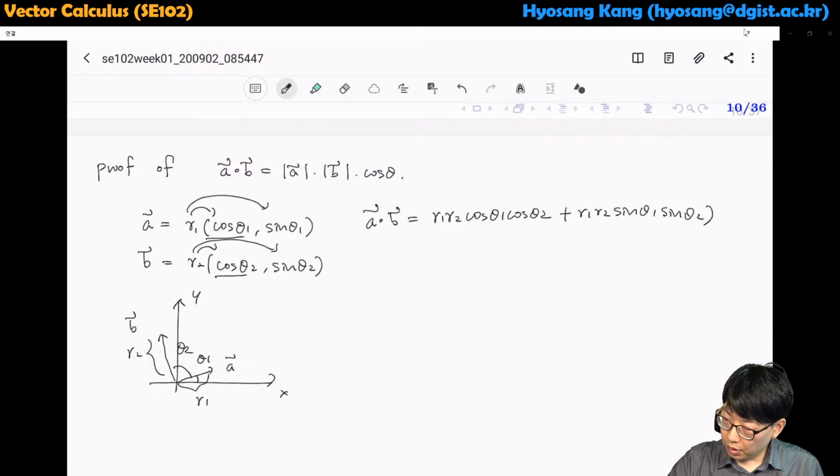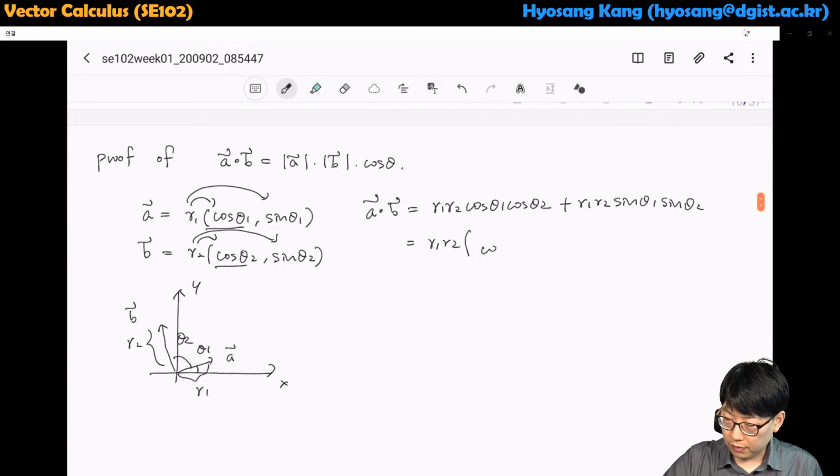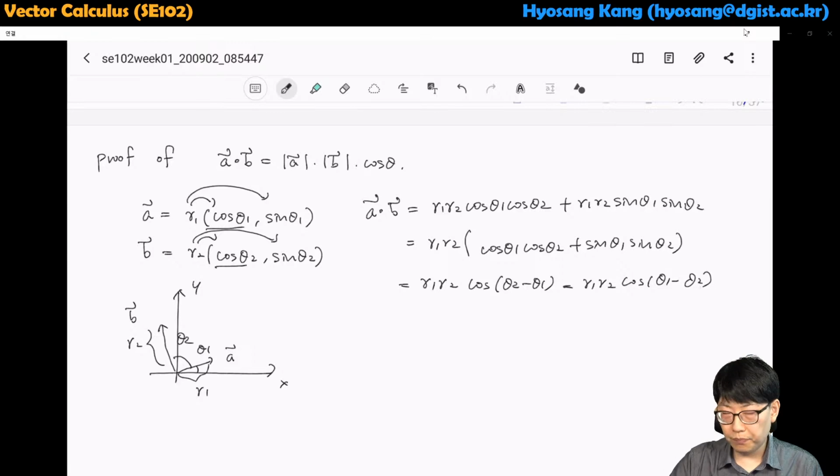So r1, r2 are common, so I get r1 r2 times (cosine theta 1 cosine theta 2 plus sine theta 1 sine theta 2), and there is a formula that this equals cosine of theta 2 minus theta 1, or you can rewrite this as r1 r2 cosine of theta 1 minus theta 2, because cosine is an even function, it doesn't matter.